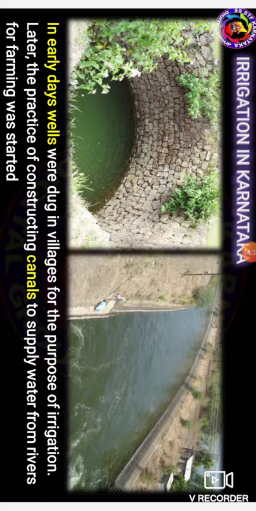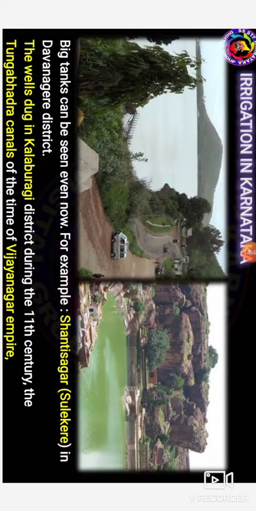Later, the practice of constructing canals to supply water from rivers for farming started. Tanks can be seen even now, for example the Shanti Sagara.